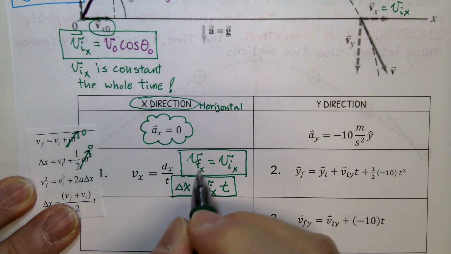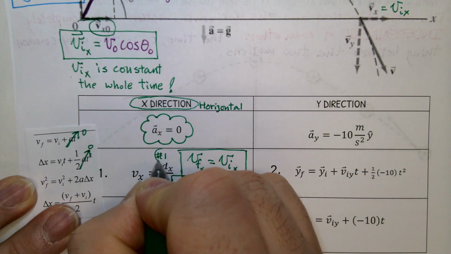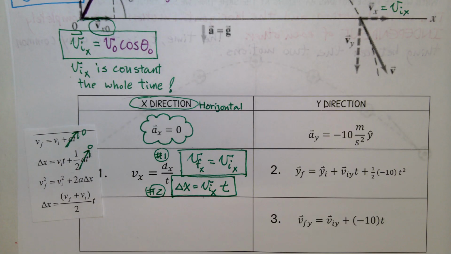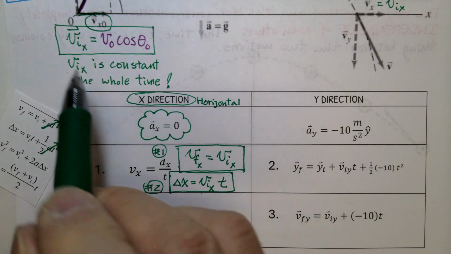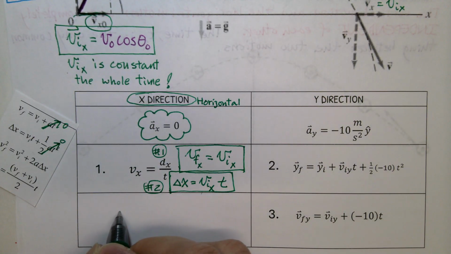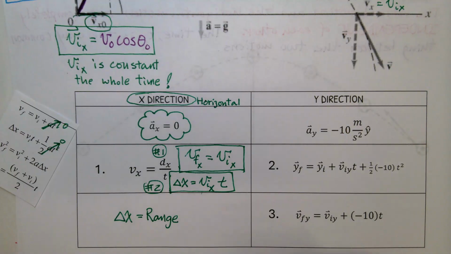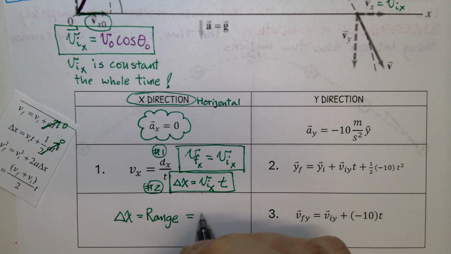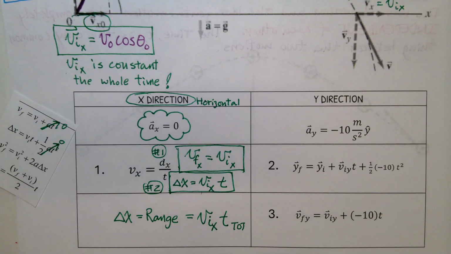Well, that's very convenient. So if I were to look at this whole delta x right here from the beginning to finish, that delta x can be represented as the range. And range now can be found by Vix times t total. Total time.